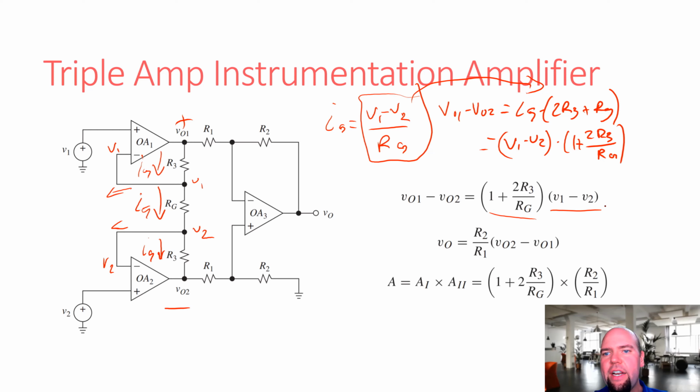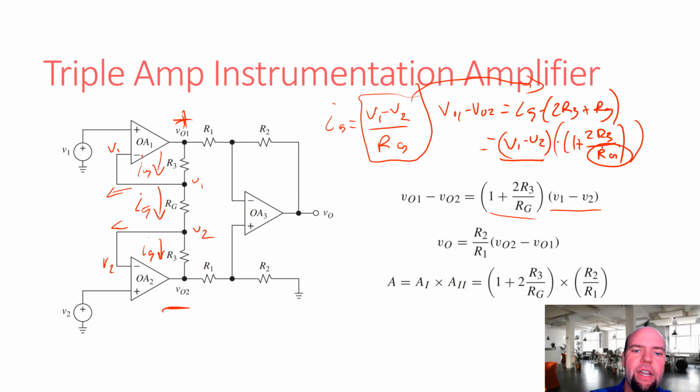Okay, boom, we got it. So basically this voltage now is the difference between the inputs multiplied by this 1 plus 2R3 over RG. That's kind of cool because RG is something we can adjust in order to adjust the gain of this stage of the amplifier.